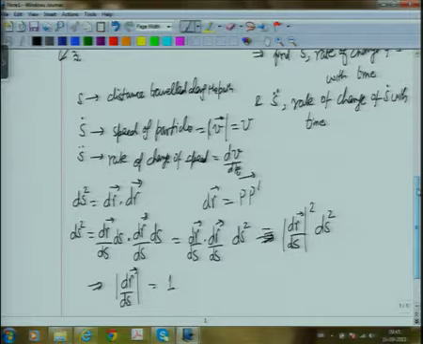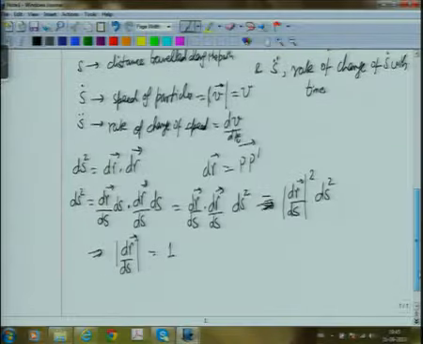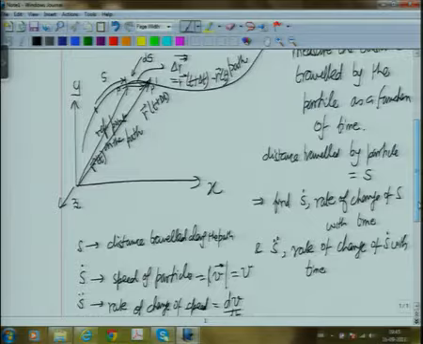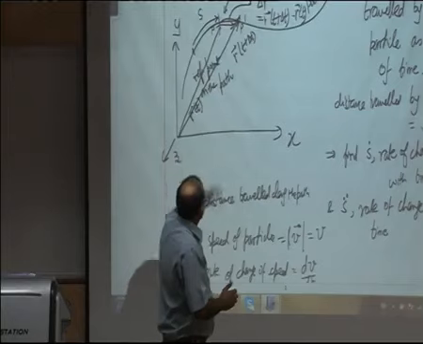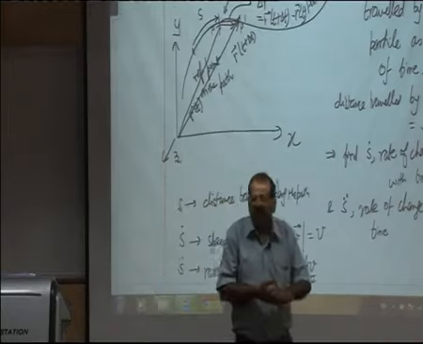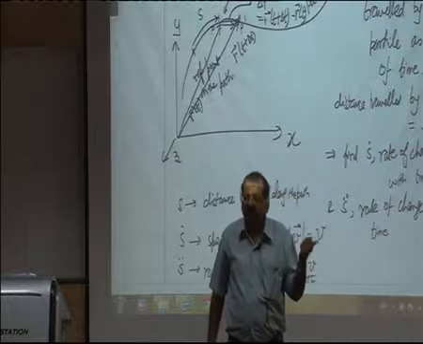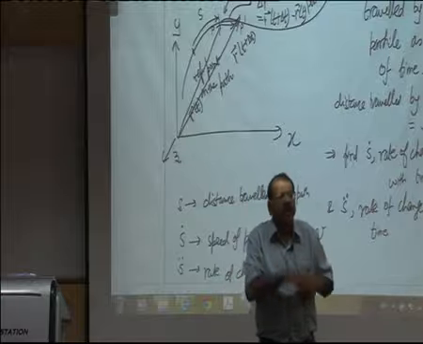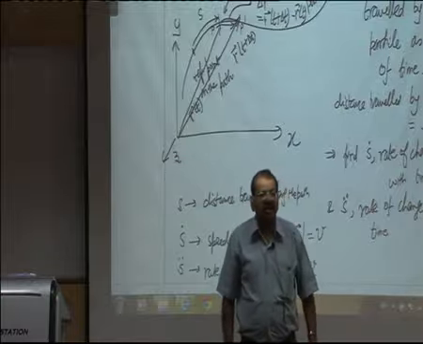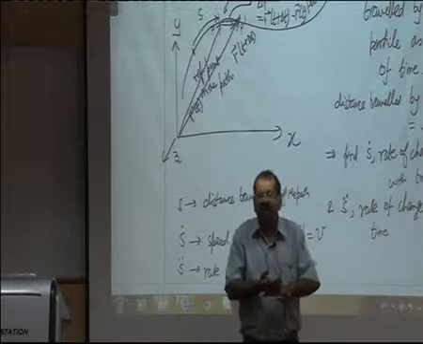Now what is this quantity dr by ds? If we look at it, this is the rate of change of the position vector with respect to s. What is the magnitude of dr by ds? We have just shown that the magnitude is 1. What is the direction of dr by ds in terms of the path?